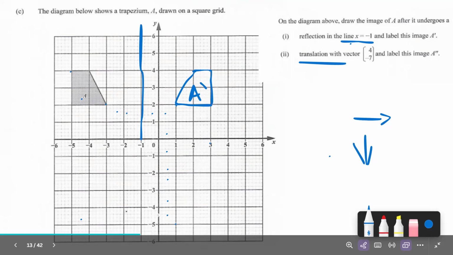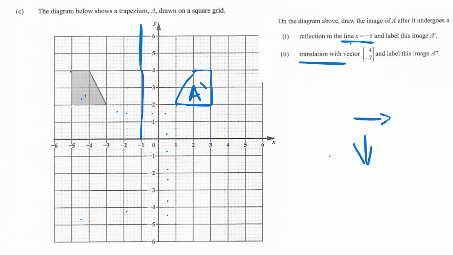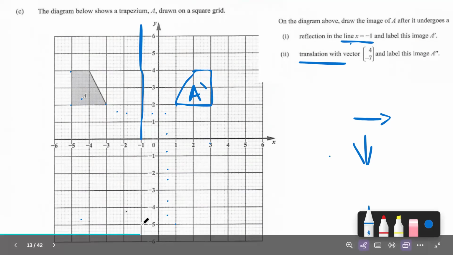And then same thing here. 1, 2, 3, 4. 1, 2, 3, 4, 5, 6, 7. So you're going to be right here. So I'm going to connect these 2 dots for the base.